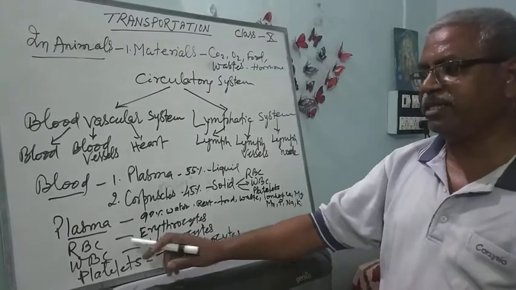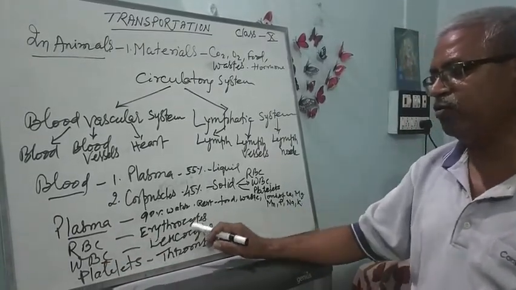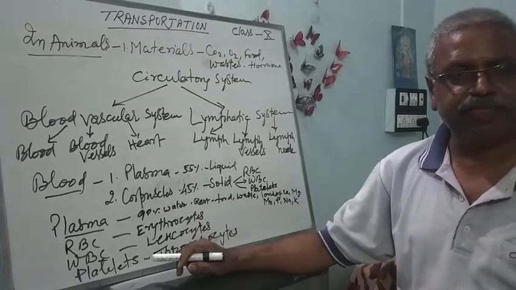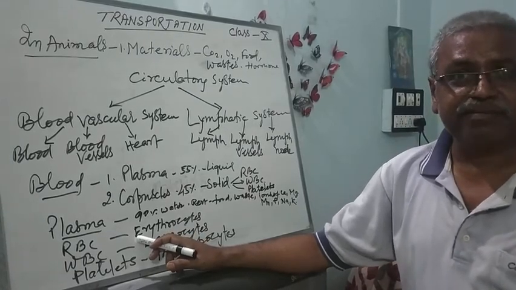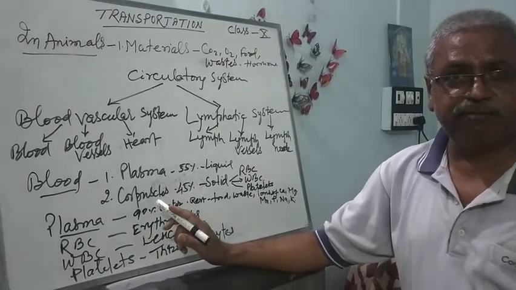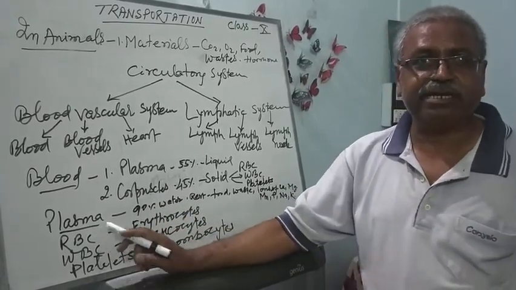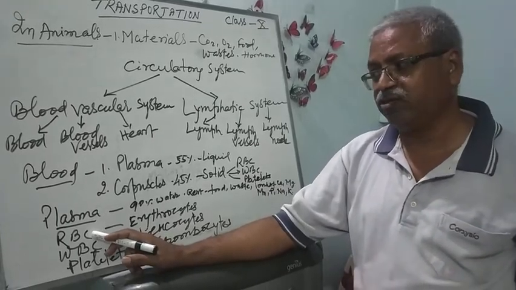Now comes to the corpuscles which float in the plasma. The main corpuscle is the RBC, red blood corpuscles. Biologically it is known as erythrocytes. It is circular in shape, but it has no nucleus. This is the important point. RBC do not have nucleus, but RBC of camel has nucleus.